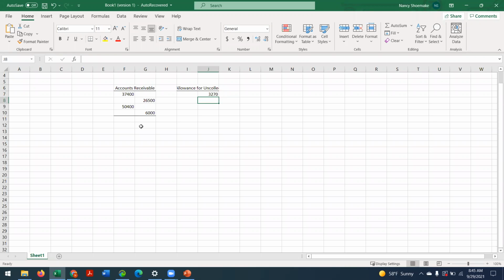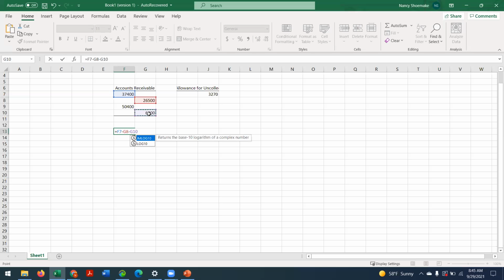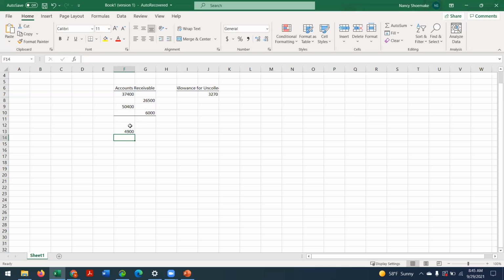So basically, what we have collected for 2021, we're missing 4,900 of it, aren't we? The accounts receivable was 37,400. We collected 26,500 and we collected 6,000.